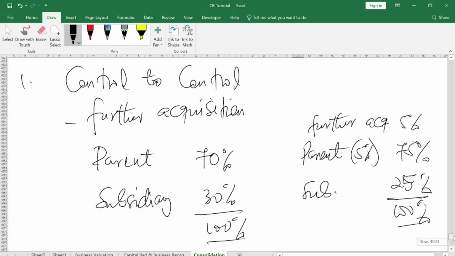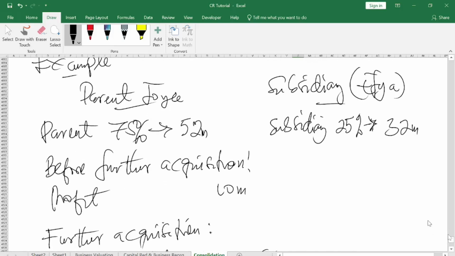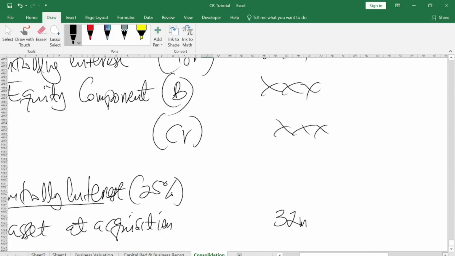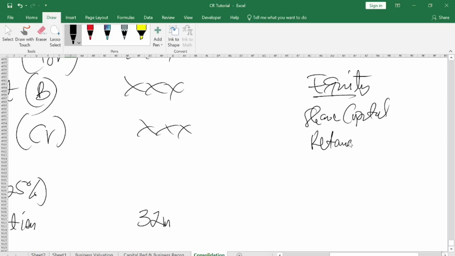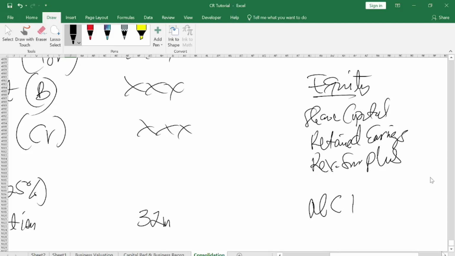So when they were coming to further acquire the subsidiary, the fair value of the net asset of the company was 32 million. So let me explain this. When you are preparing statement of financial position, under the equity, you have share capital of the parent, right? You have retained earning. You will also have maybe valuation surplus, or capital surplus, or income surplus. You bring them. Then you will come and have your non-controlling interest account under the equity.